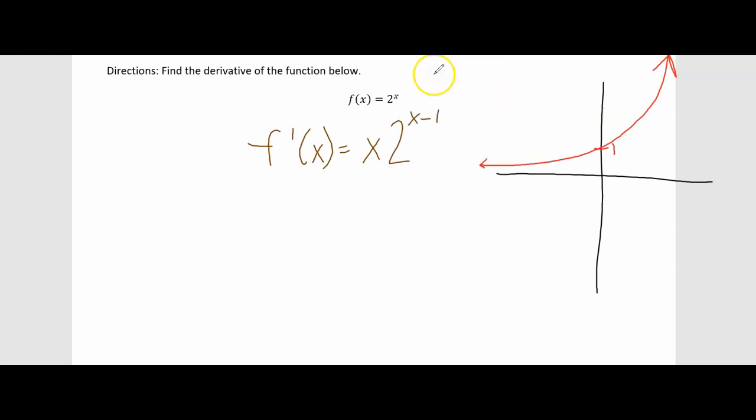But I think it's pretty clear to see, right? If I substitute in a negative value for x here, I'm going to get a negative derivative, which wouldn't make sense because, based on what we know about the characteristics of this exponential function, the derivative should always be positive because the function is always increasing. So that rules out the power rule.